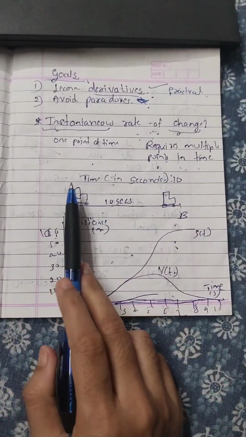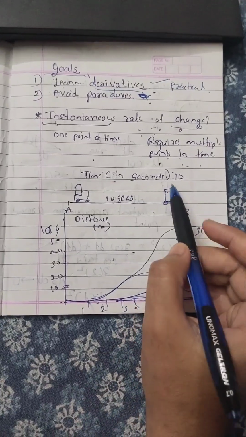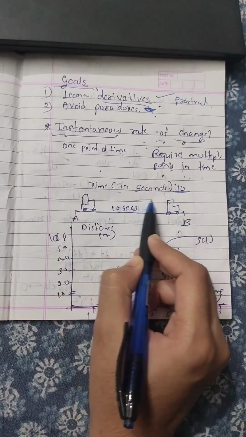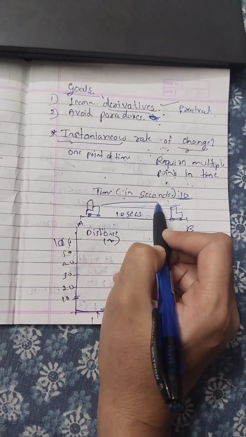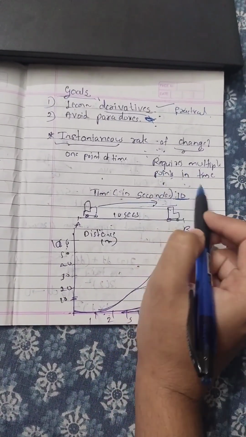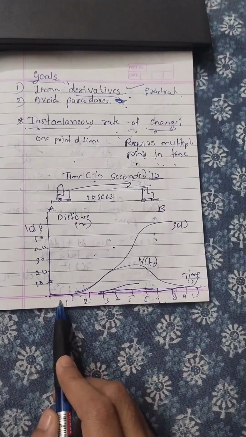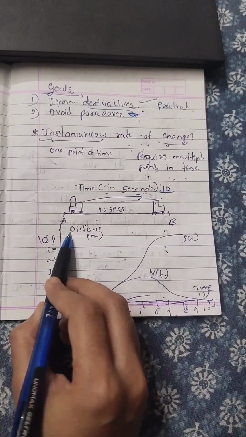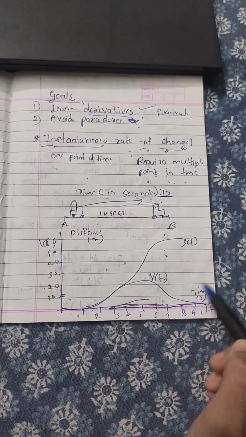See here, time in seconds, that is 10 seconds. From A to B it is moving in 10 seconds. This is the time versus distance graph from here to here.